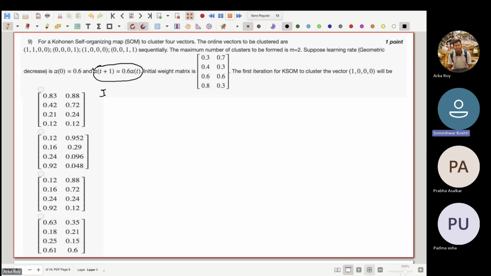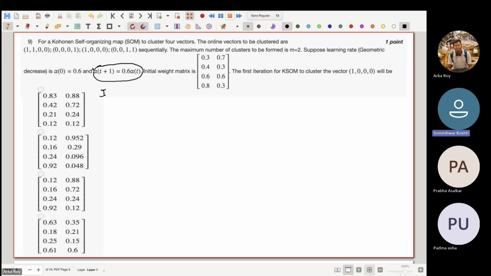So if we calculate using alpha 0.6 with this initial weight matrix and input this input vector, then second, after giving this input vector, it will determine the distance d1 and d2 between m1 and m2, and the nearest one will be, let's say, in this particular case, neuron 2.